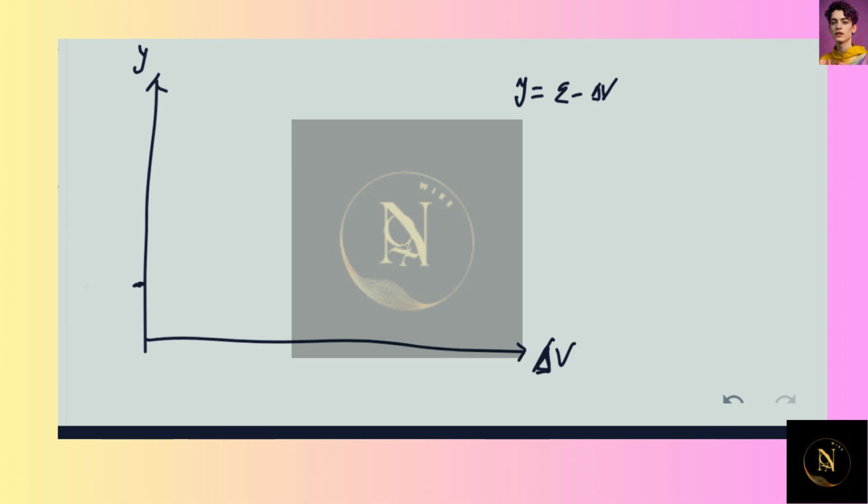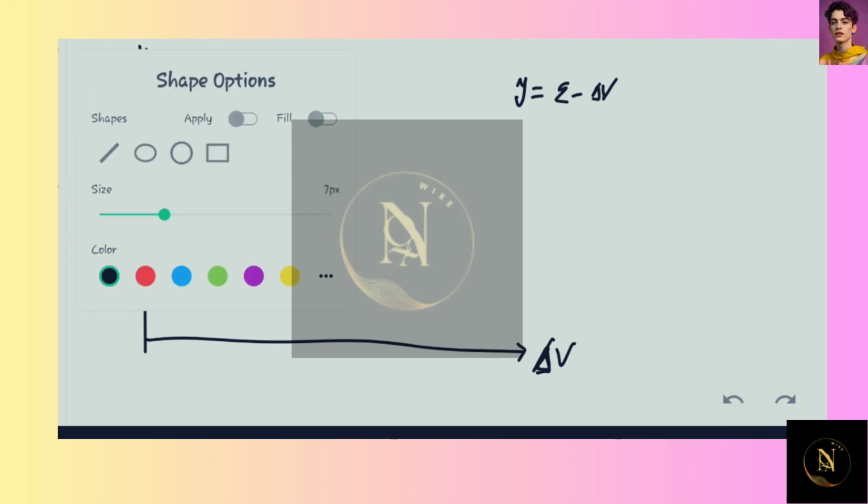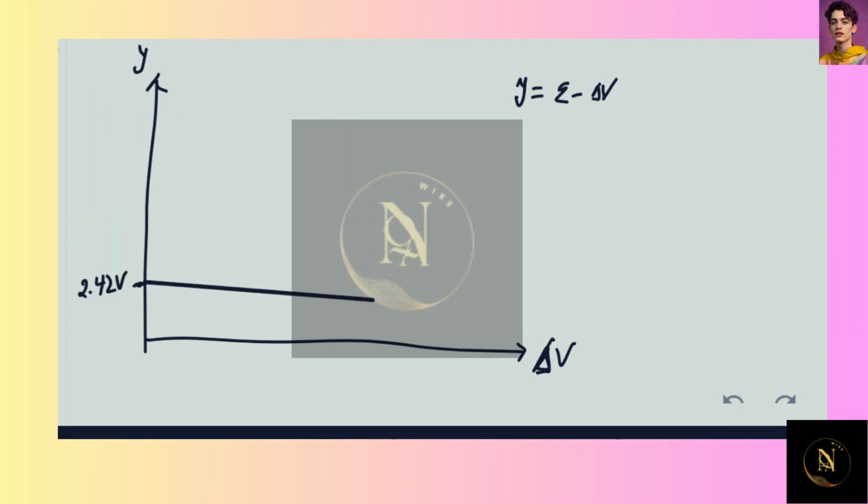It's about 2.42 volts, and then it's a downward sloping line with gradient of minus 1. So something like this, not very accurate. You should use a graphing calculator.